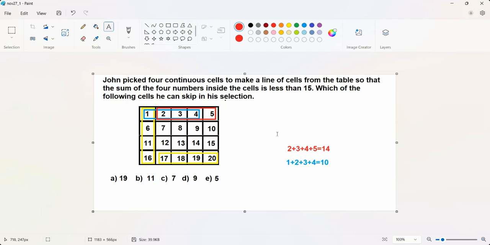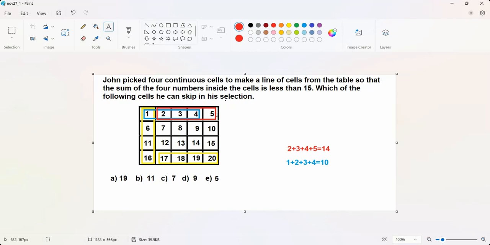But if we take these two, which of the following cells he can skip in his selection? So whether he is taking the first option, the blue line, or the cells covered by the blue rectangle, then 1, 2, 3, and 4, he can't skip 2, 3, and 4.